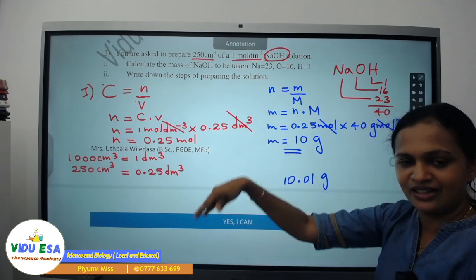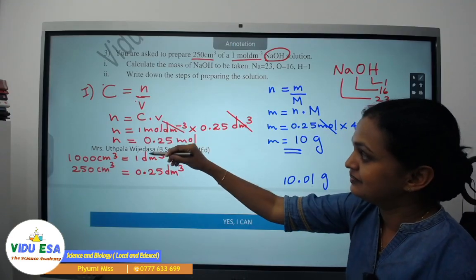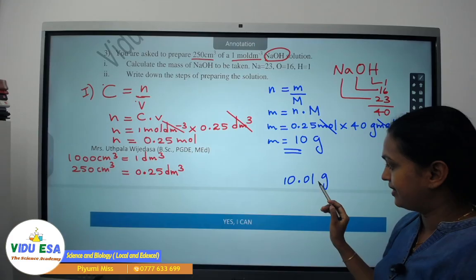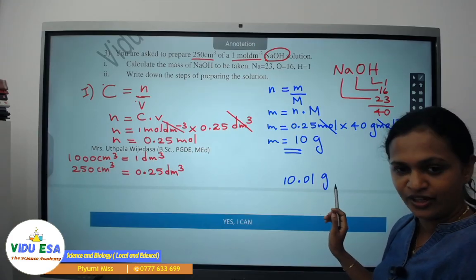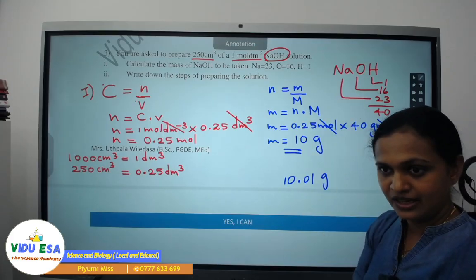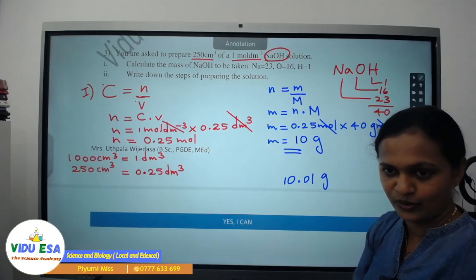You can do the calculation the opposite way, right? It is not 1 mole per cubic decimeter. You can see then a 0.01 difference can make a big difference in the concentration. Therefore, the accuracy of the measurement of mass is very important.